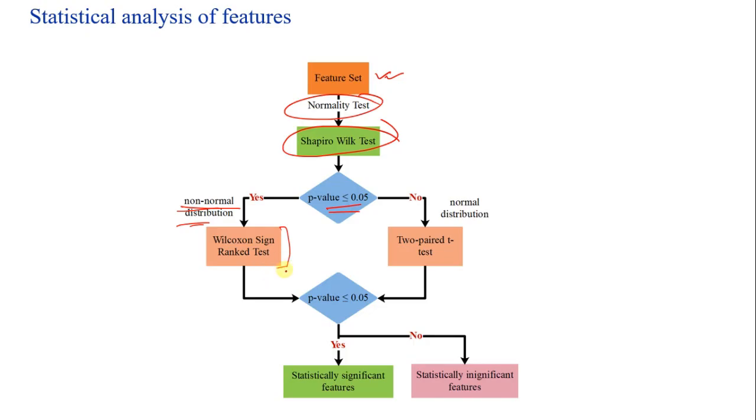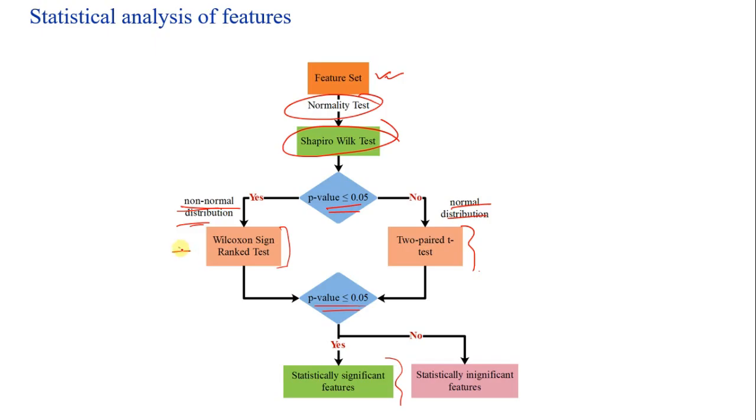Now, if your data is normal, then you can go for the paired t-test. Over here we are talking about only two classes, and if it is many classes, then we go for ANOVA followed by the post-hoc Tukey test. On the other hand, for the non-normal case with many classes, we go for the Kruskal-Wallis test with Dunn's post-hoc test.